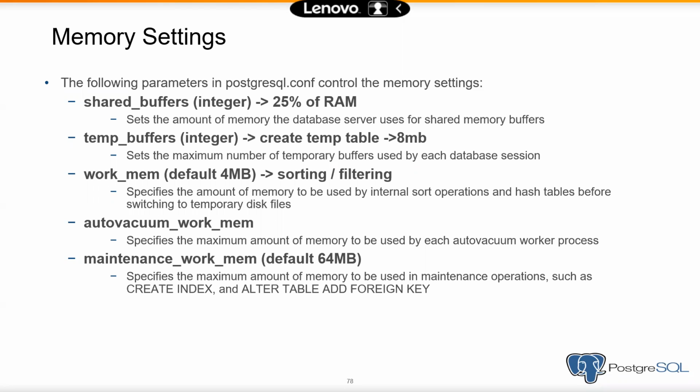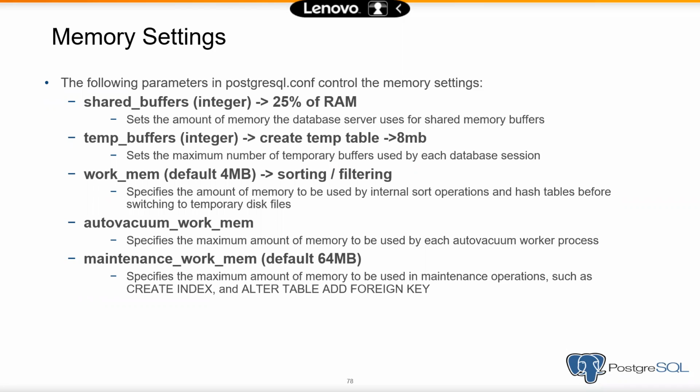If you allocate work mem to a lower value, the performance of sorting and filtering will be very, very slow. So allocate work mem at least 10 GB at the server level, 10 GB of RAM.